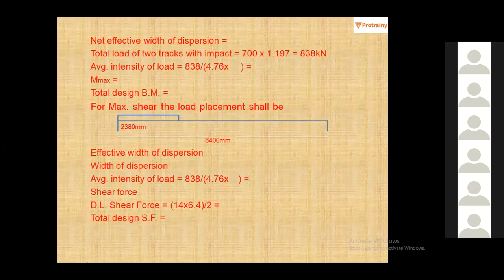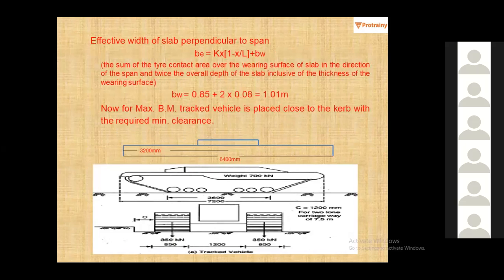Now what is the average intensity of load? ये तो क्या 838 किलो न्यूटन तो क्या हो गया? This is the point load. This 838 किलो न्यूटन is divided, is spread upon how much area? So that is your area. ये तो 4.76 meter you have already calculated, and now you have 7.45 meters the width.